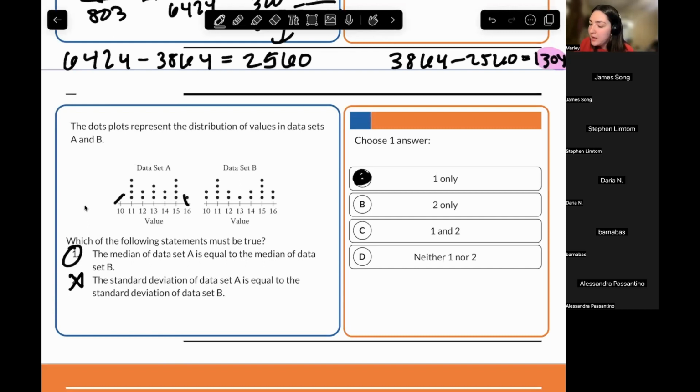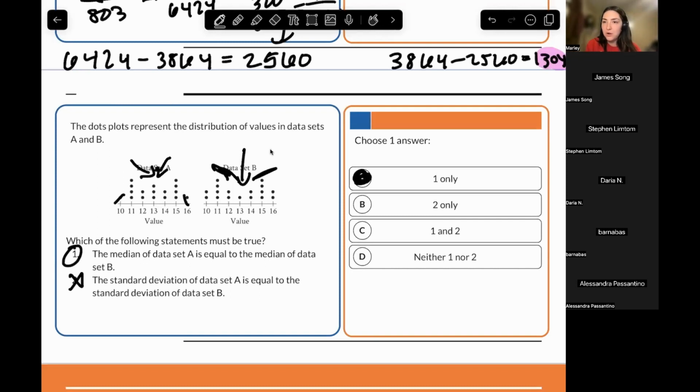But what we do know is that with B, most of the data is towards the end. And with A, it's kind of all over the place, but more data is towards the middle. So if your data is more concentrated towards the middle, then it's going to have a different standard deviation because of the way the data is set up. So that's why we'd get A as our answer for this one.